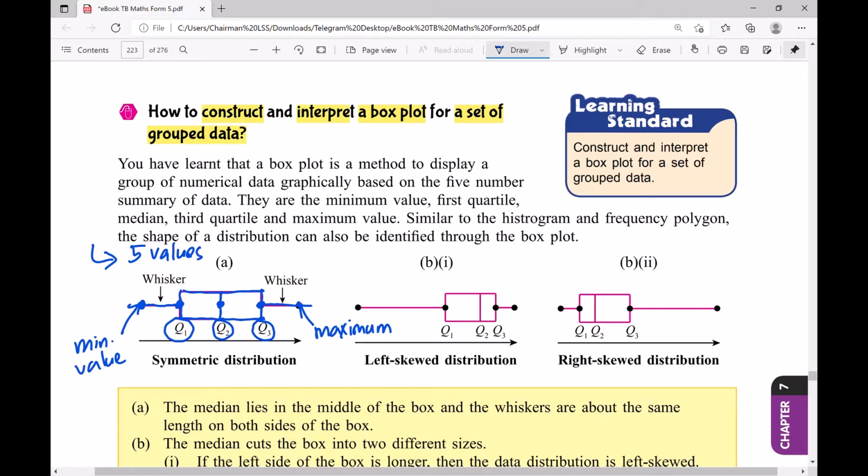So you have 5 values to plot, and you have to use graph paper. We view the shape of distribution in a box plot, and we will see all the shapes.